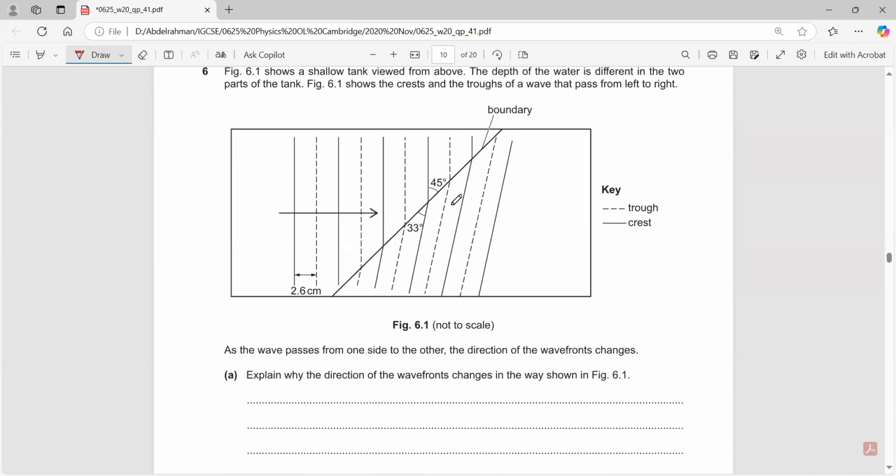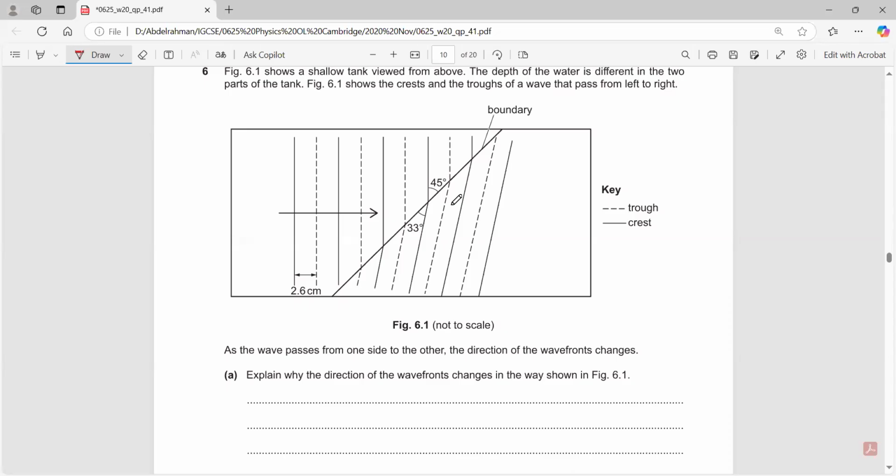Question 6. You have the boundary, and he's asking about this wave which has passed from one medium to another medium. Explain why the direction of the wave fronts changes, in the way shown in figure 6.1.